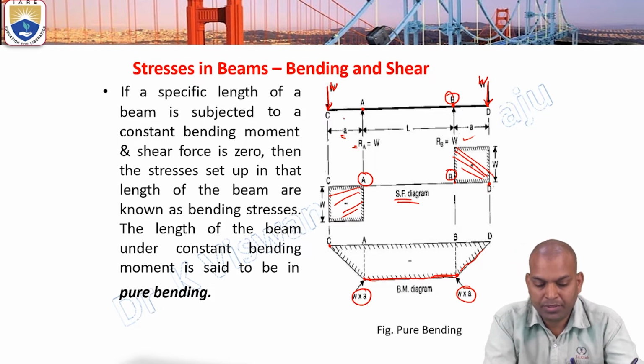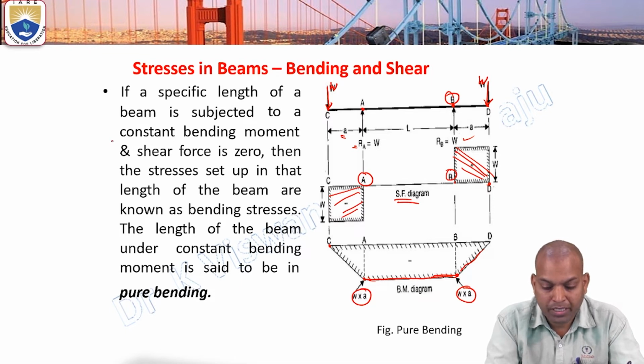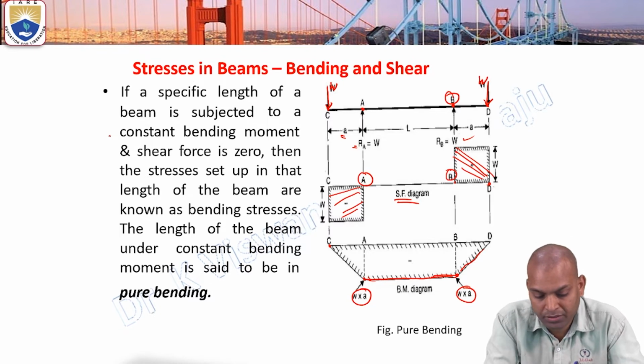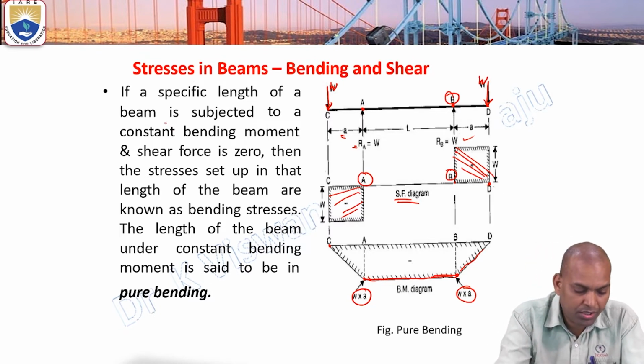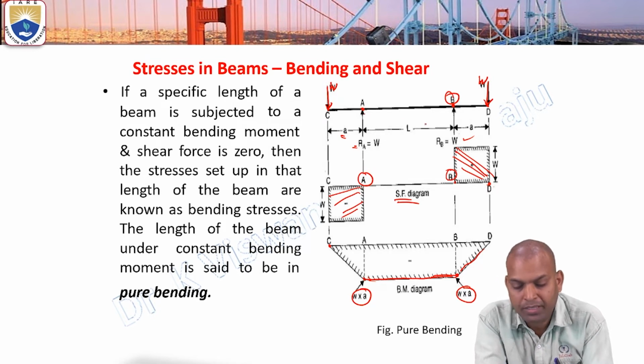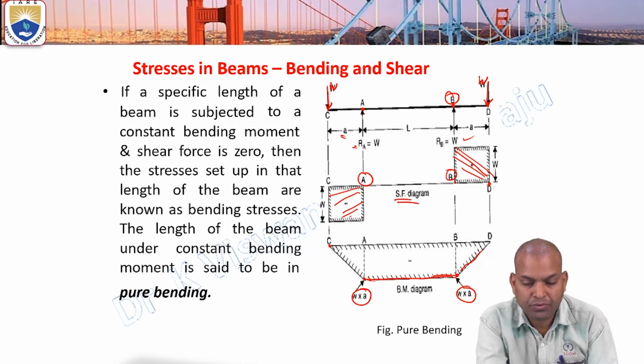Though the loads act vertically downwards at points C and D, the shear force is 0 between A and B, so that portion is completely free from the effect of shear force.